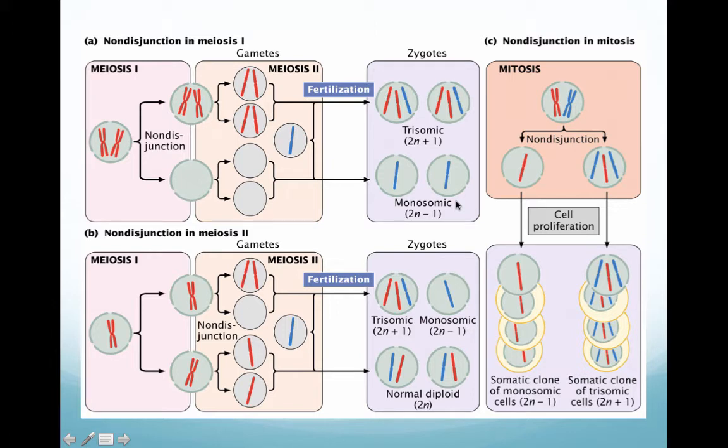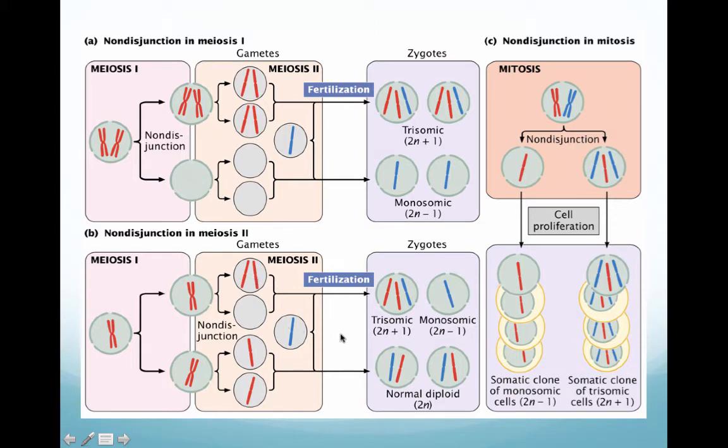The second major area where non-disjunction can happen is in meiosis 2. Meiosis 1 can progress pretty naturally, no major problems, but we can see non-disjunction, or a failure of chromosomes to separate, in meiosis 2. So one cell ends up with 2 copies of genetic information where there should only be 1.